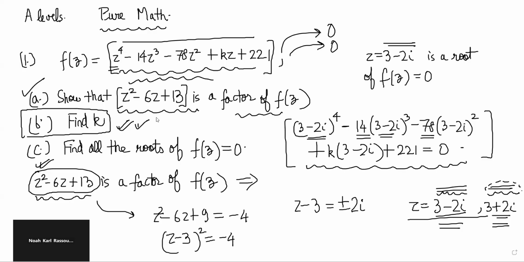And from there you can also find k when you put 3 minus 2i, right? If you put 3 minus 2i, you don't know k, but now we know that it should vanish for 3 plus 2i also, right?